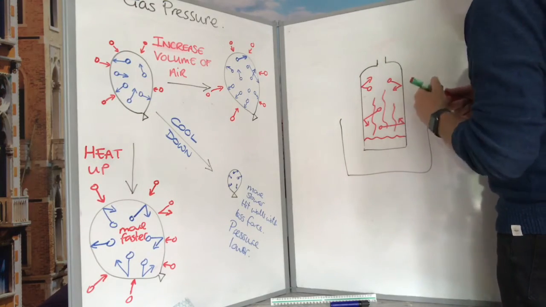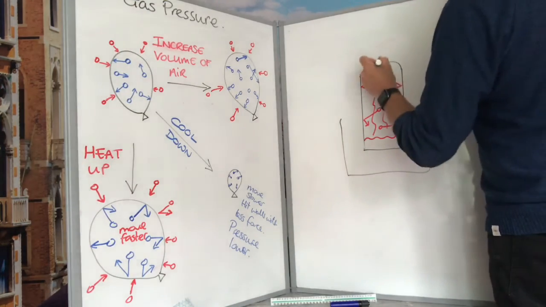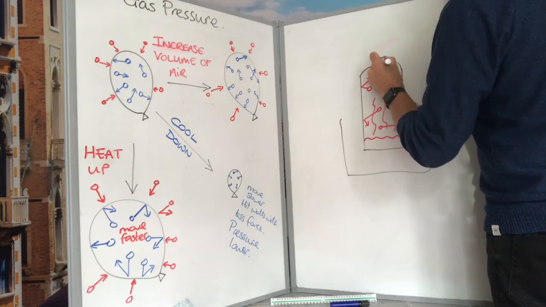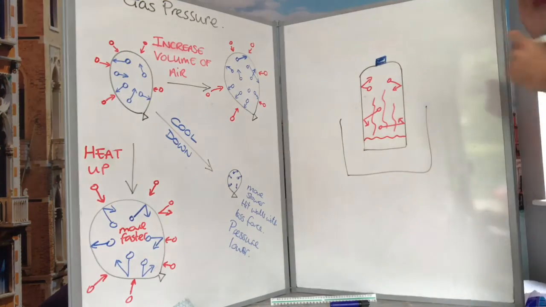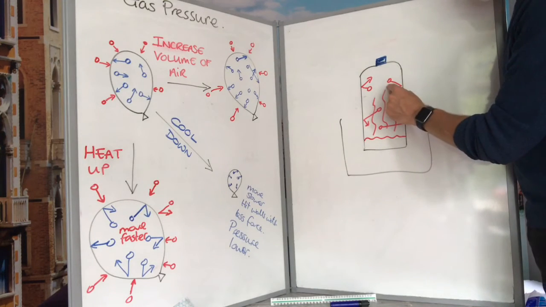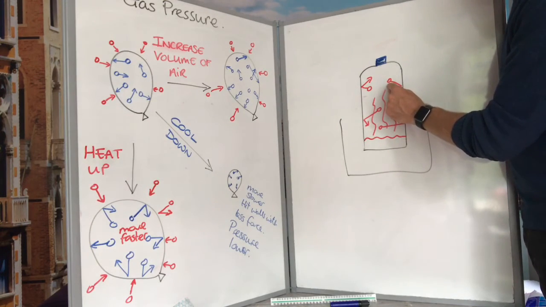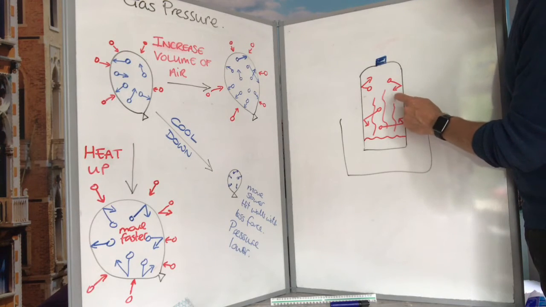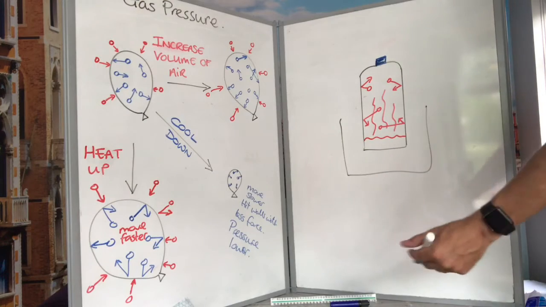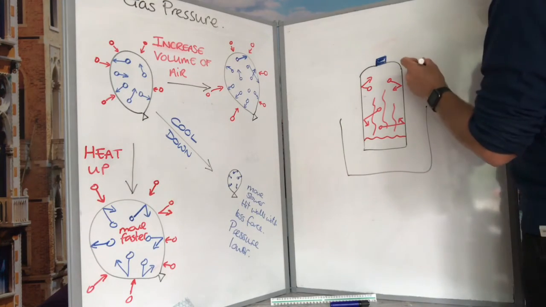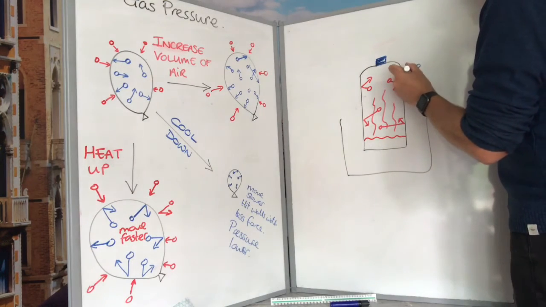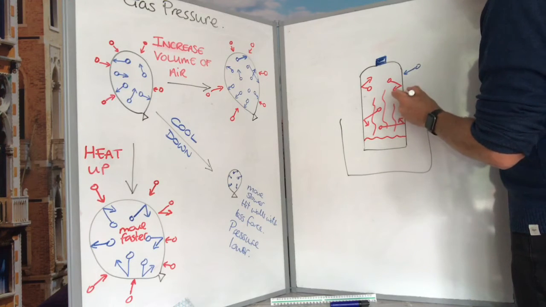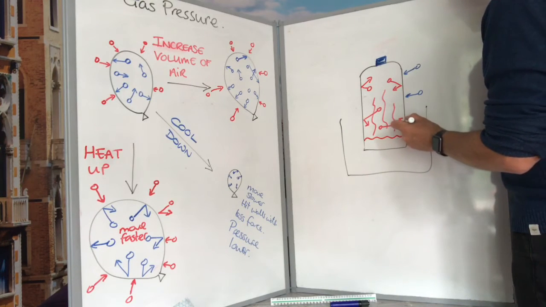We put the lid on it, so the air can't get in and out, and eventually these gas particles start to slow down and they exert less pressure. Now remember, there is also going to be particles which are exerting the pressure from the outside.